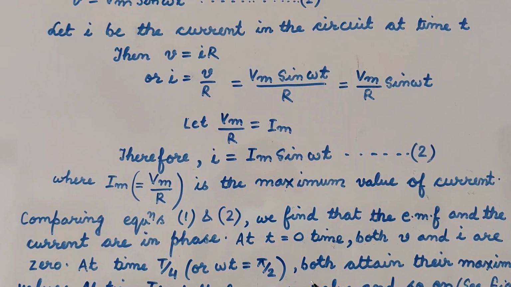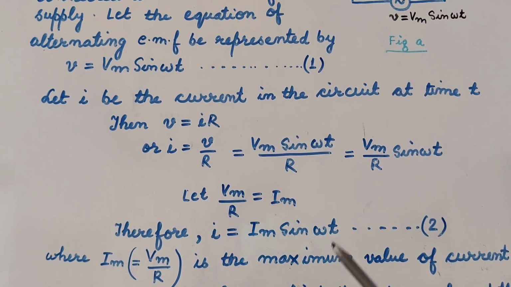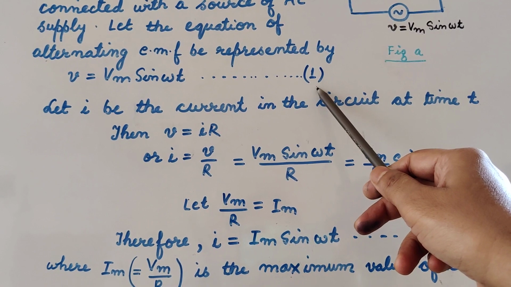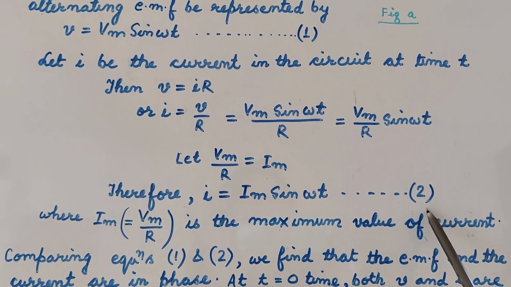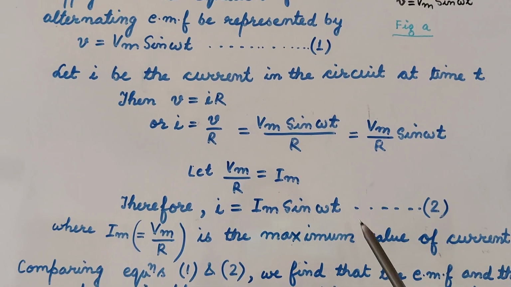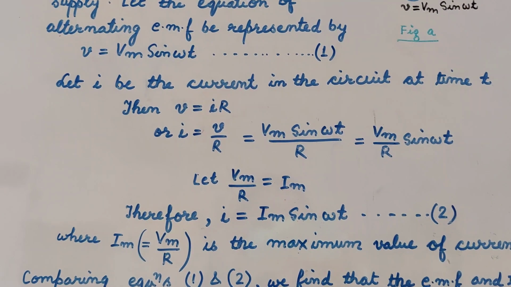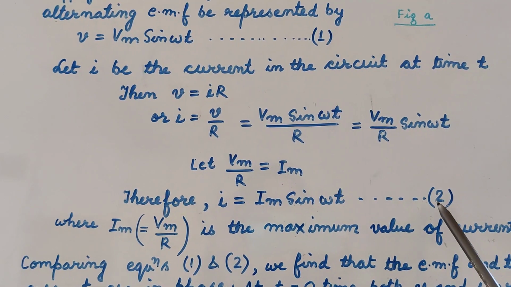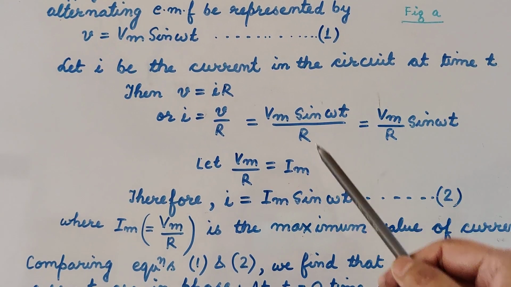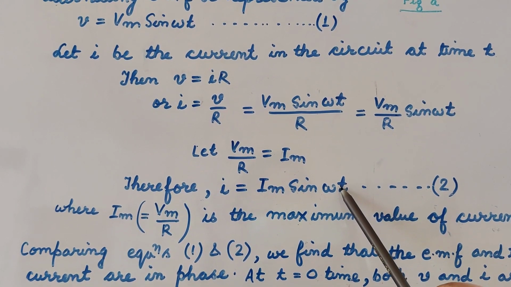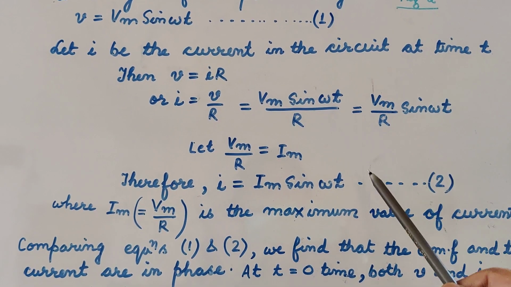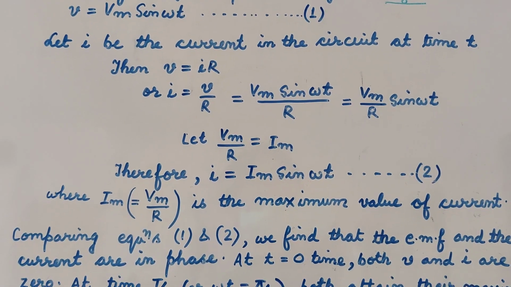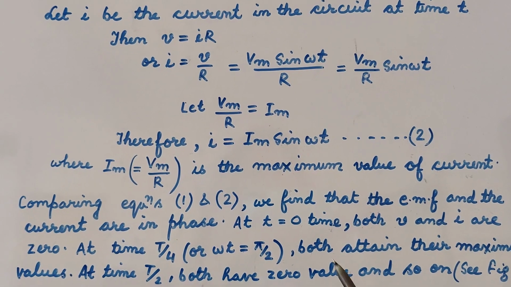Now if we compare equation 1, v is equal to Vm sine omega t, and equation 2, i is equal to Im sine omega t, we find that both the equations have the term sine omega t. So we find that both the alternating EMF and the alternating current are in phase with each other.